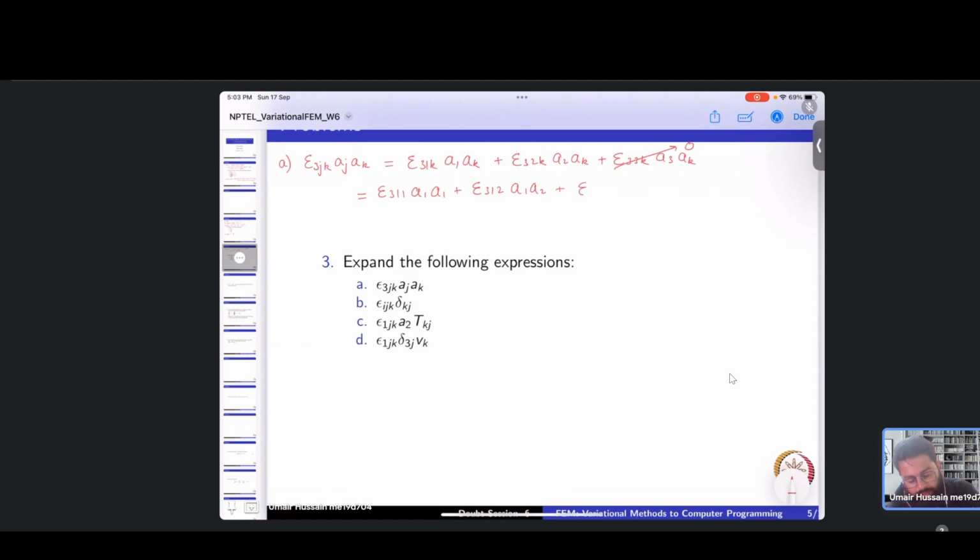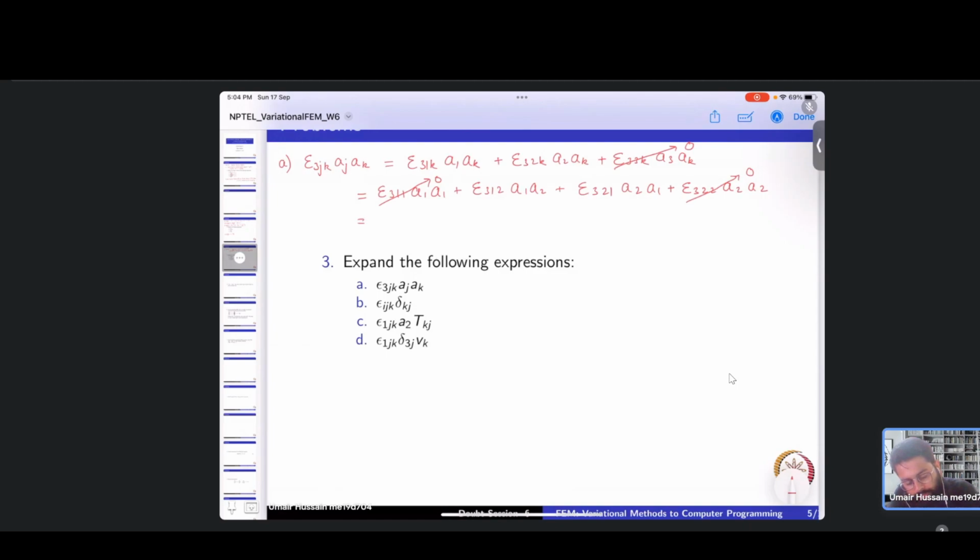We have epsilon 321 a2 a1 plus epsilon 322 a2 a2. So firstly this term goes to 0, repetition is not allowed in Levi-Civita. I mean, it's allowed but it becomes 0. And again this term will also go to 0. Now we have epsilon 312 and 321.